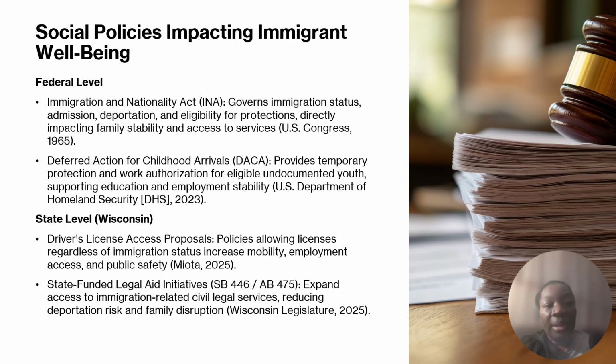So, social policy impacts immigrants and their well-being. At the federal level, the Immigration and Nationality Act, also known as INA, governs immigration status, admission, deportations, and eligibility for protections, directly impacting family stability and access to services.